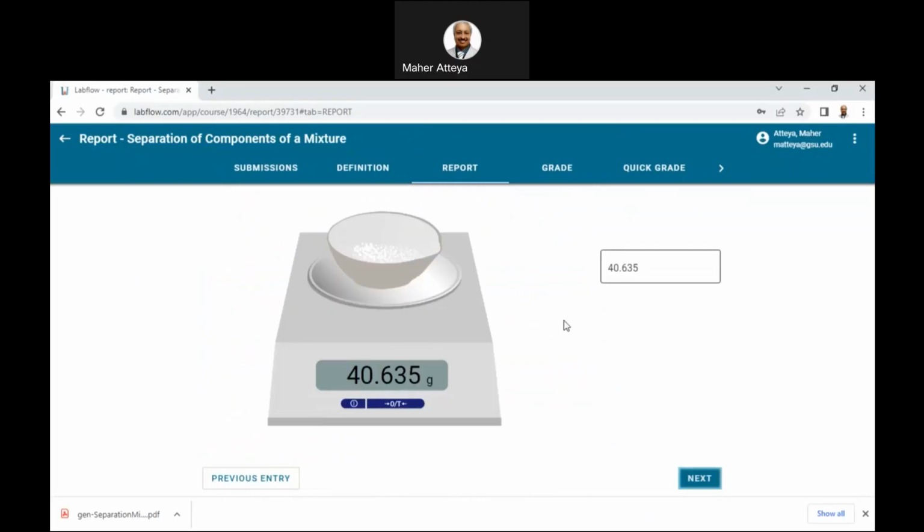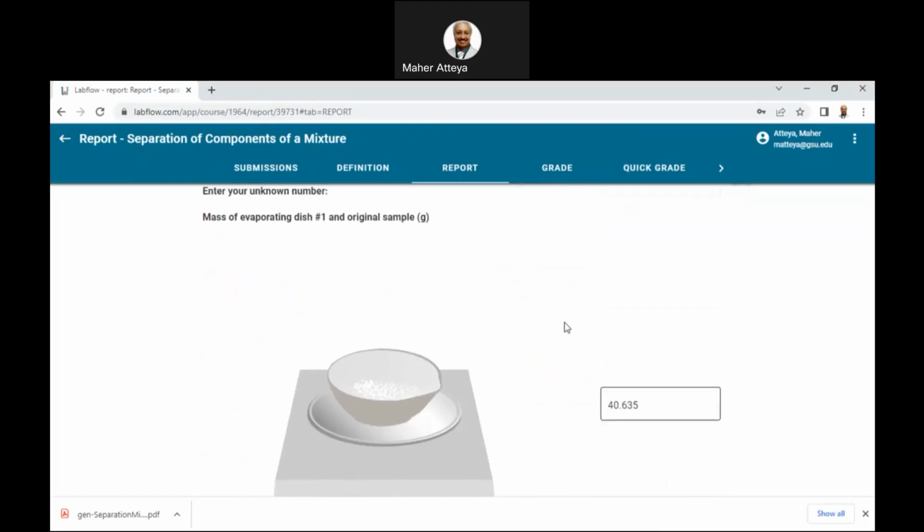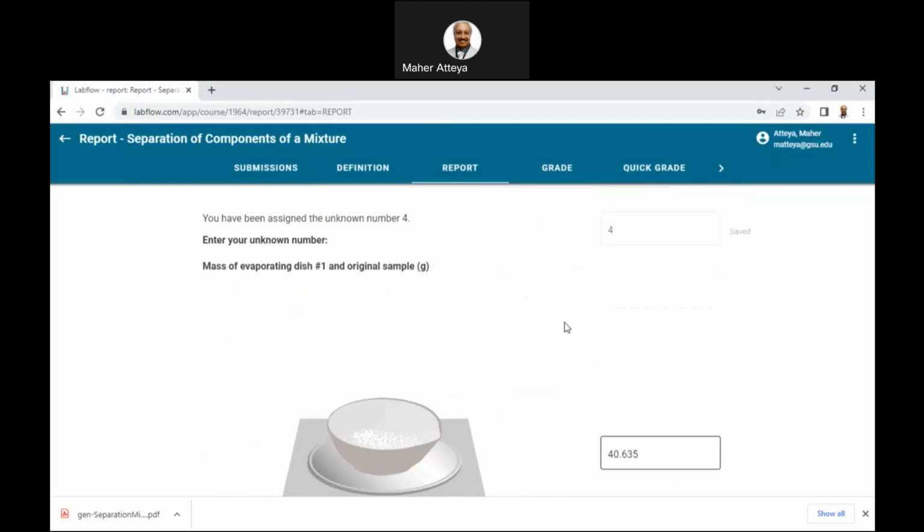So this is unknown sample 4, and this is the mass of dish of the original one. We don't have this one here. We did not take the whole thing, so we have to take this one here, copy, and put it here. Okay, so here it is.